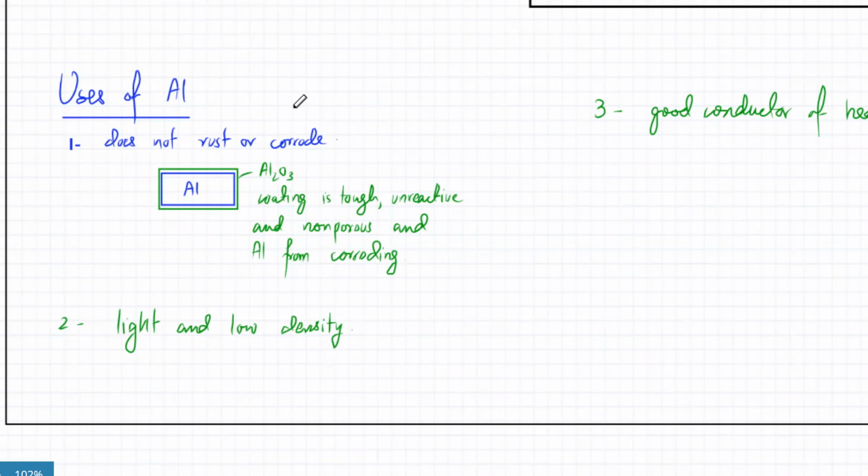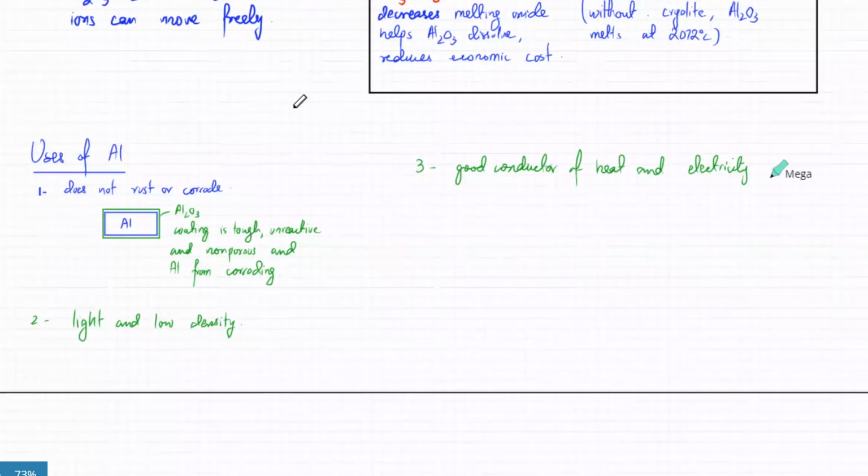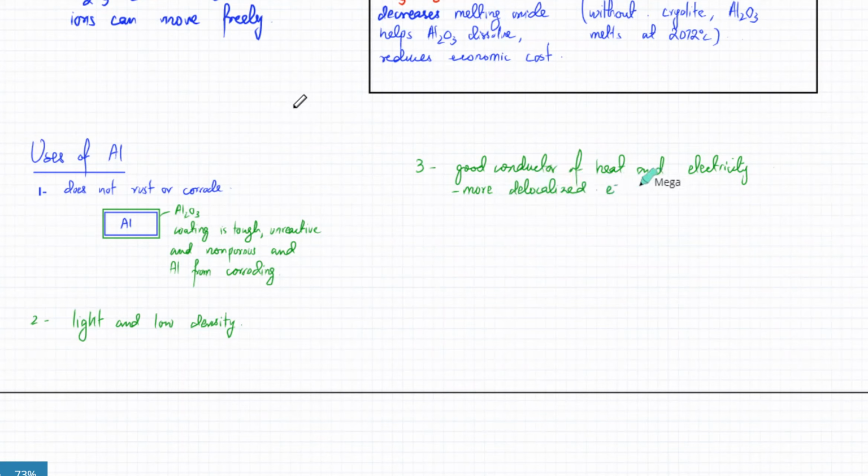Why is it a good conductor? Because it's got lots of free moving electrons. It's got more delocalized electrons because aluminium loses 3 electrons. So in the metallic lattice, you've got more delocalized electrons.